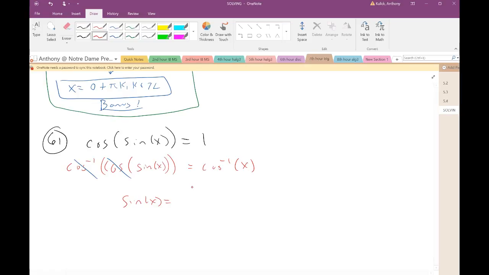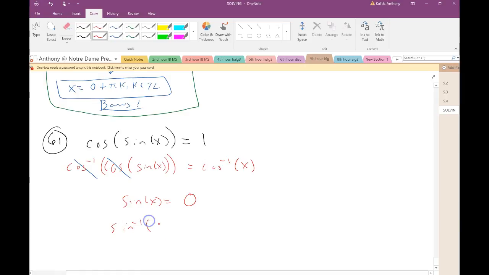Hopefully you notice that that's a unit circle value. That happens when cosine is equal to 0, or 2 pi or 4 pi or 6 pi. I'm just going to write 0 there, though, because that's enough. Now I've got to get rid of that sine. How do I do that?